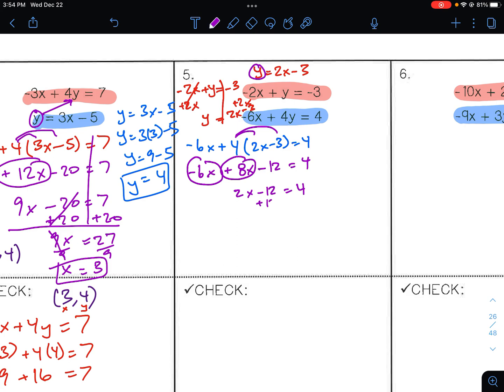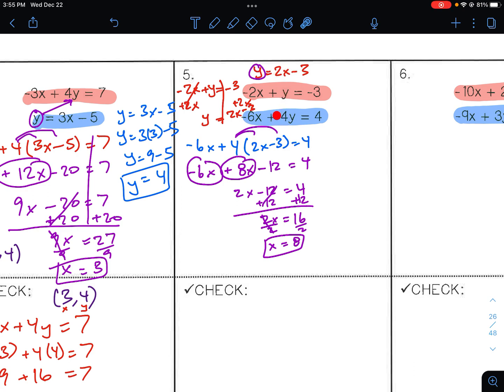Get x by itself, solve for x, plus 12 to both sides. I end up with 16, right? 2x equals 16, divide by 2, x equals 8. All right, now that I know x equals 8, I can plug it into the top equation, the red one, or the bottom one, the blue one.